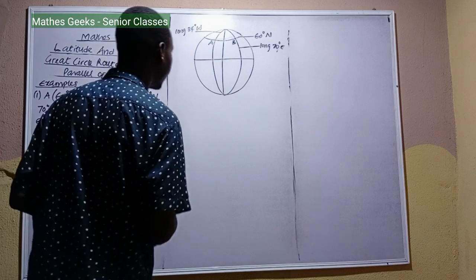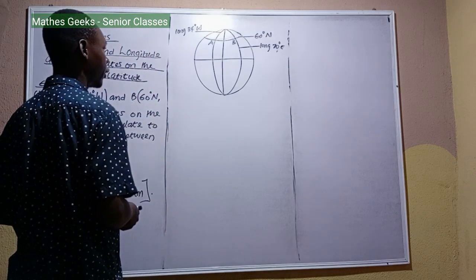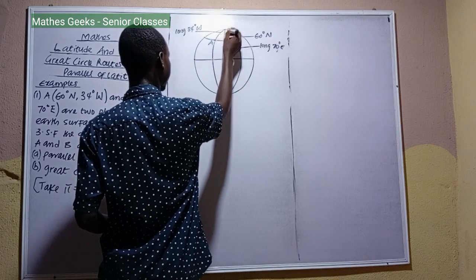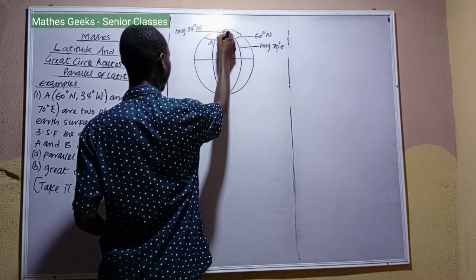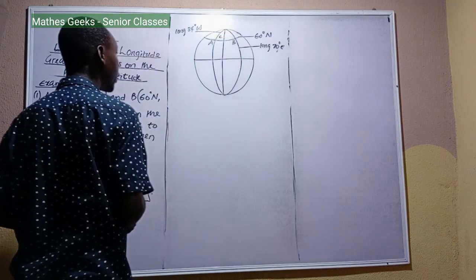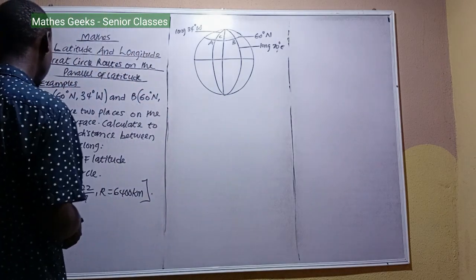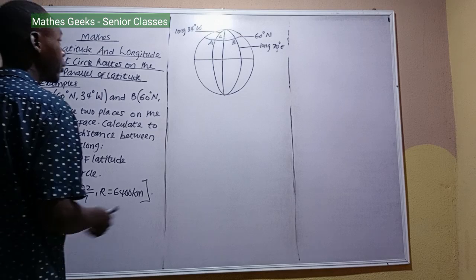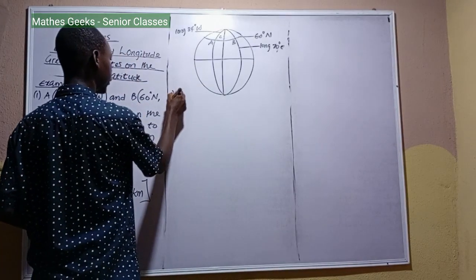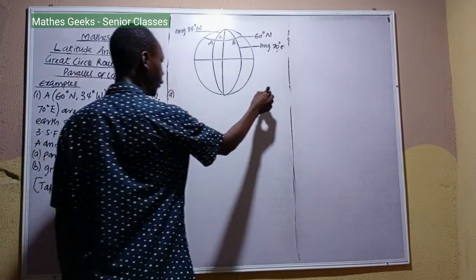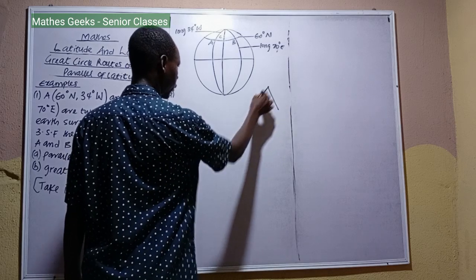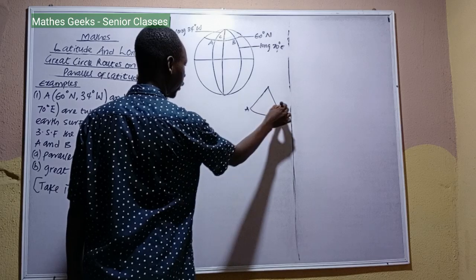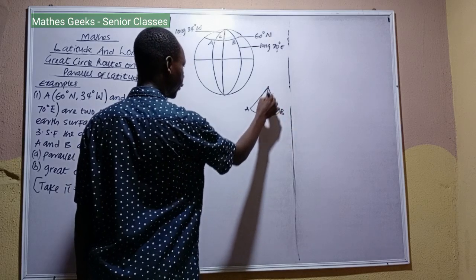So A and B obviously are lying on the parallel of latitude. This is the center of a small circle. Now we're trying to calculate the distance AB along the parallel of latitude, so the arc AB.